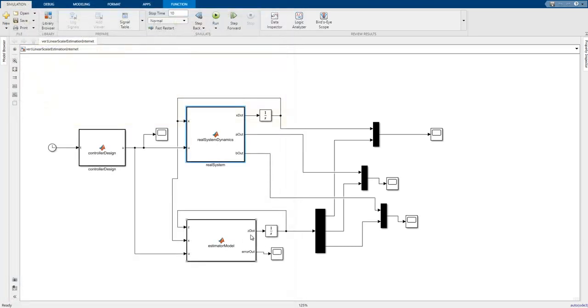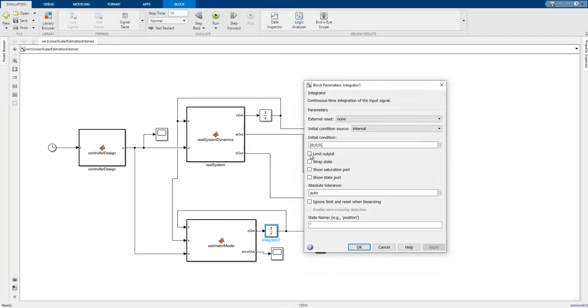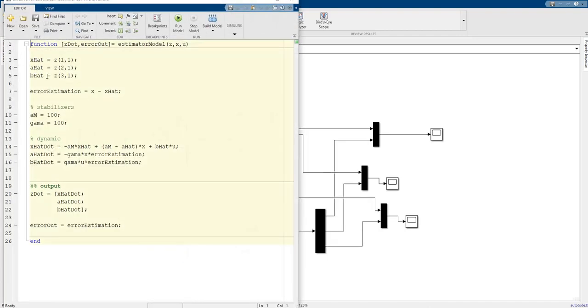And so if we have the z dot value in here like this one, we should select the 0, 0, 0 initial state: x hat, a hat and b hat values, okay?